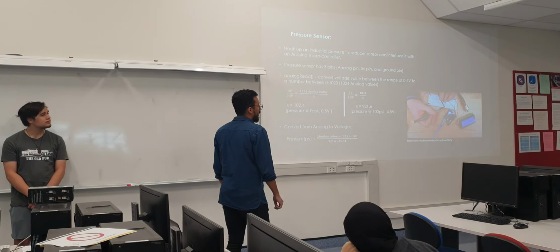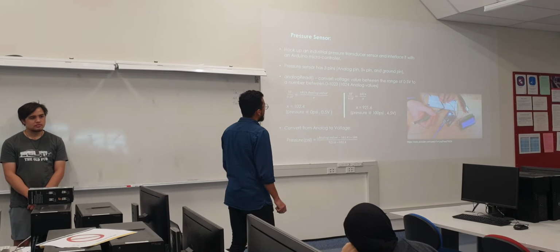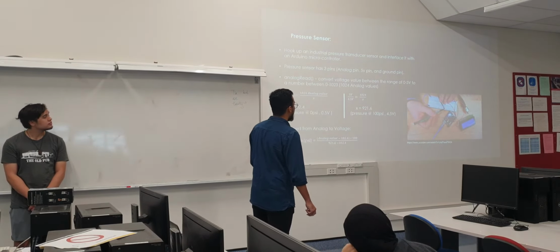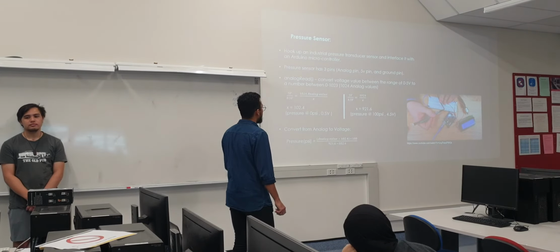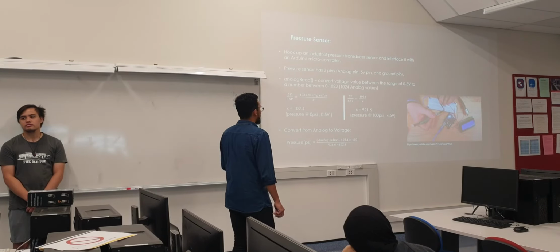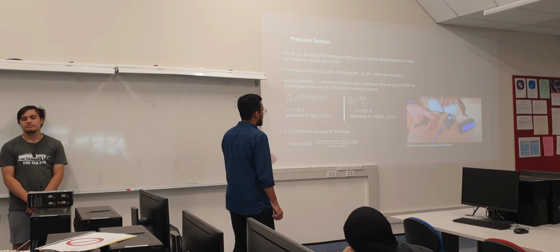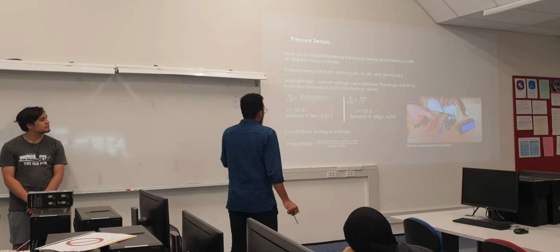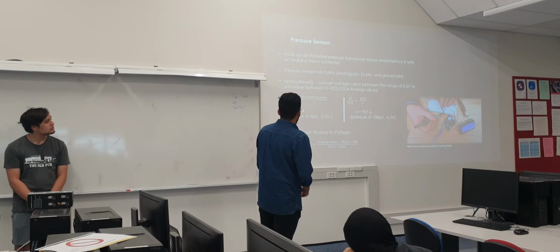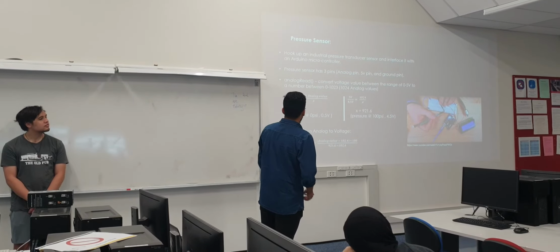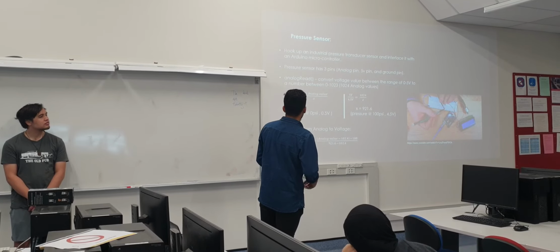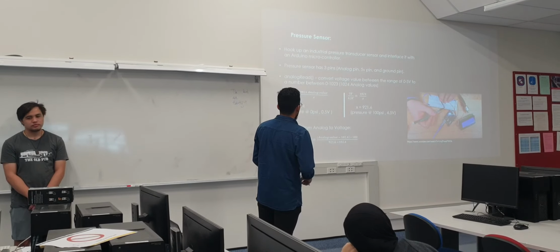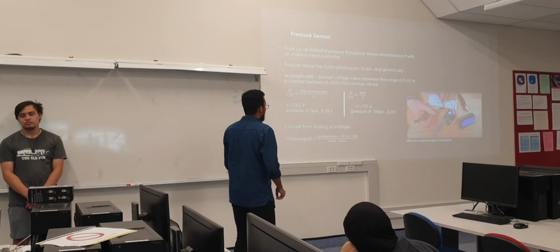The Arduino has an analogRead function that converts the voltage value in the range of 0 to 5 volts to a number between 0 and 1023, which represents 1024 analog values. Those analog values we can use to find the analog value for a specific voltage from a simple equation.